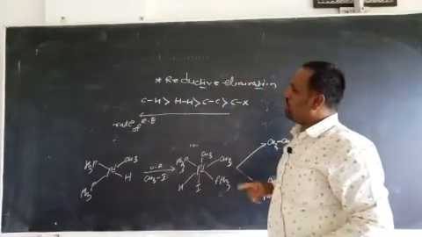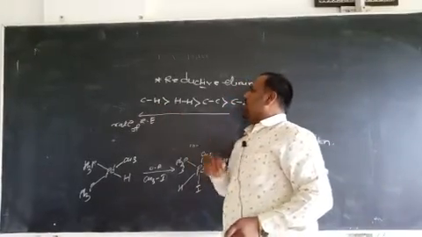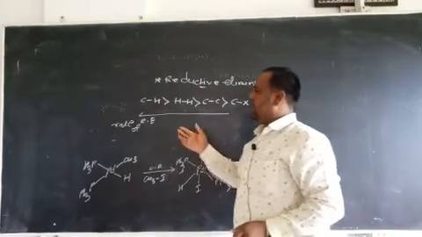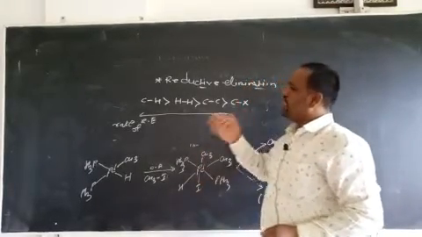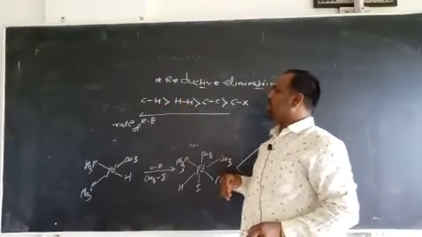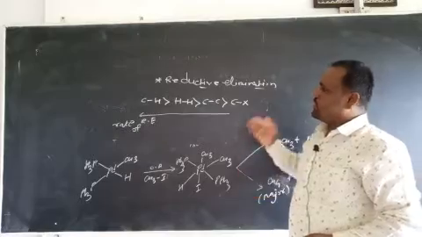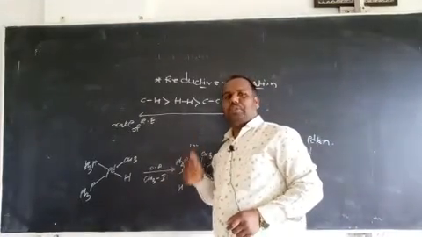So you should keep in mind the selectivity order, or we can say that the rate of reductive elimination is highest for C-H elimination, then for H-H, then for C-C, then C-X. So this is regarding reductive elimination.